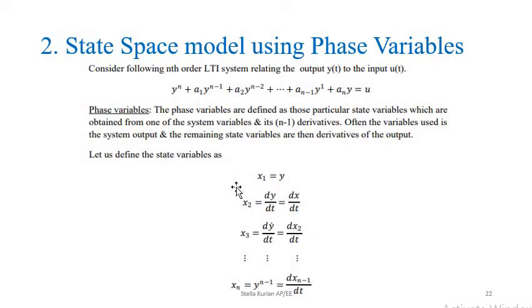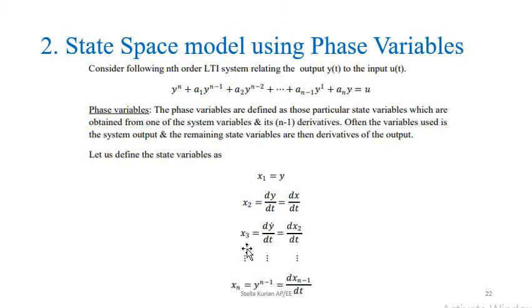So here the first state variable x1 will be equal to y, then its first order derivative will be the next state variable. So x2 will be equal to dy by dt, which can also be written as dx1 by dt.